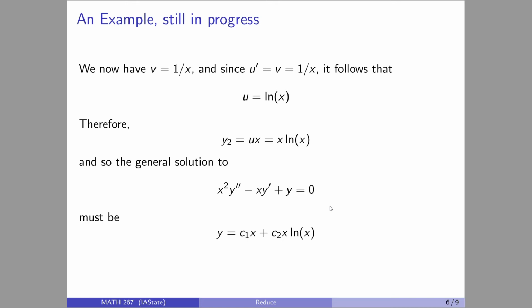Now we just demonstrated that if you find one solution, I can go through this method to create the other one. And built into the method is ensuring that the function I get is linearly independent from y1 to begin with. So we've actually made it even easier. If you want to solve any homogeneous second-order linear differential equation, just find one solution. You can then create the second one using this technique.